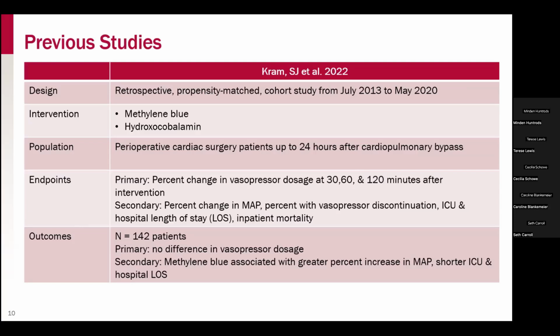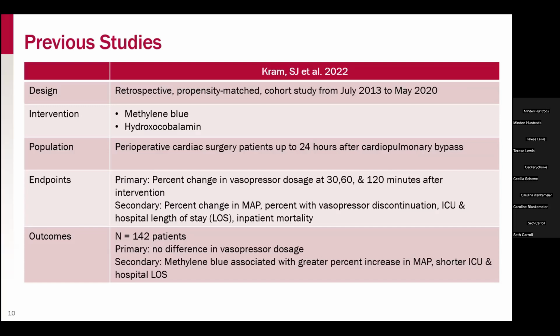The primary endpoint for this study was percent change in vasopressor dosage at 30, 60, and 120 minutes after the intervention. Other secondary endpoints were percent change in MAP, percent of patients with vasopressor discontinuation, ICU and hospital length of stay, and then lastly, inpatient mortality.